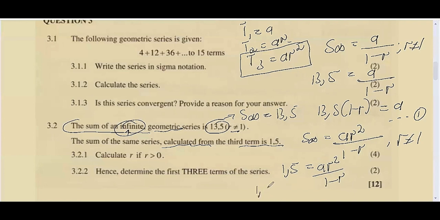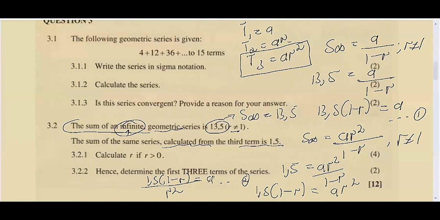We'll have 1.5 times 1 minus r is equal to ar squared, right? So if we are to express this in terms of a, this would be 1.5 times 1 minus r is equal to ar squared, and then divide both sides by r squared. This would be a is equal to 1.5 times 1 minus r over r squared. Let's call this equation number 2.